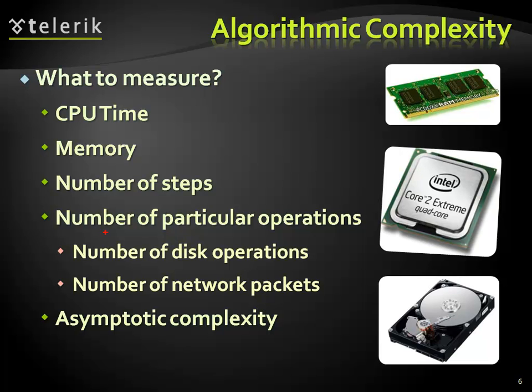Okay. Other particular operations can also be calculated. Actually, algorithm analysis is something very deep, and it works even on disk operations. It works on a lot of stuff. That's why we have B trees, by the way. If you remember, the B tree is especially designed to work fast on hardware.